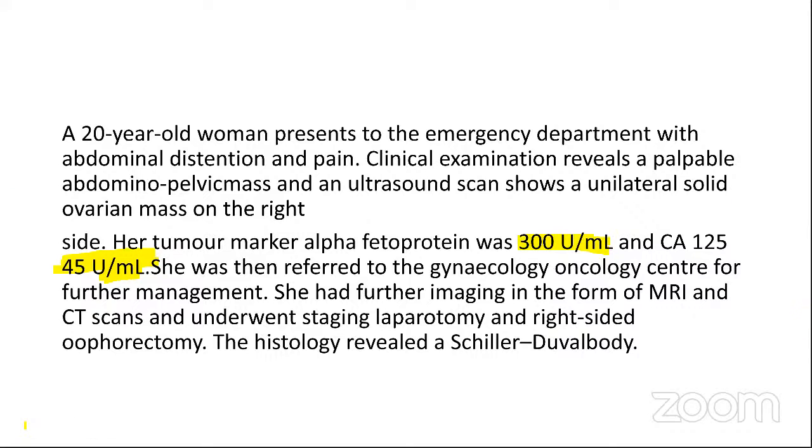She was then referred to the Gynecology Oncology Center for further management. She had imaging in the form of MRI and CT scans and underwent staging laparotomy with right-sided oophorectomy. The histology revealed Schiller-Duval bodies, and there was an increase in alpha fetoprotein. What is your answer?